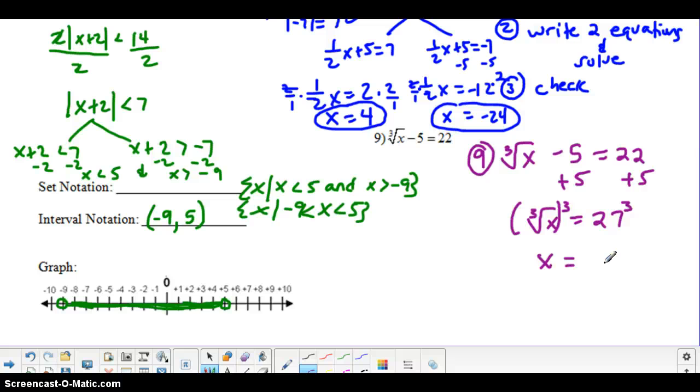And we get 19,683. And again, make sure you're checking with all these steps, so you would plug that in to check. Okay. And that's our answer. All right, let's look at number 10.